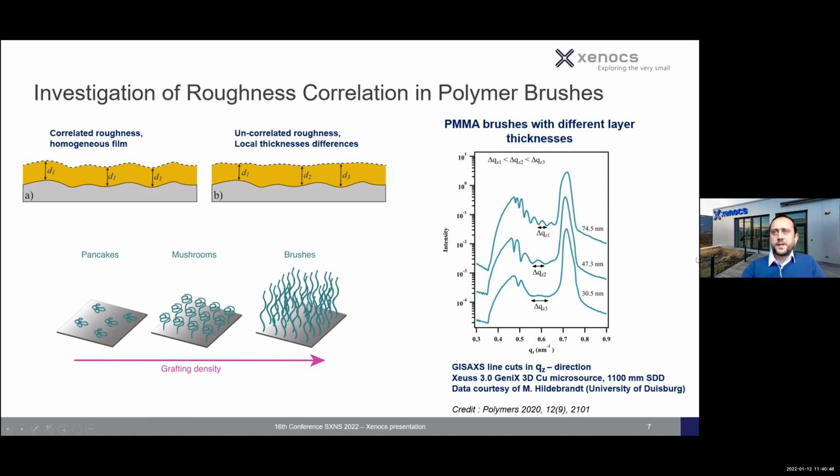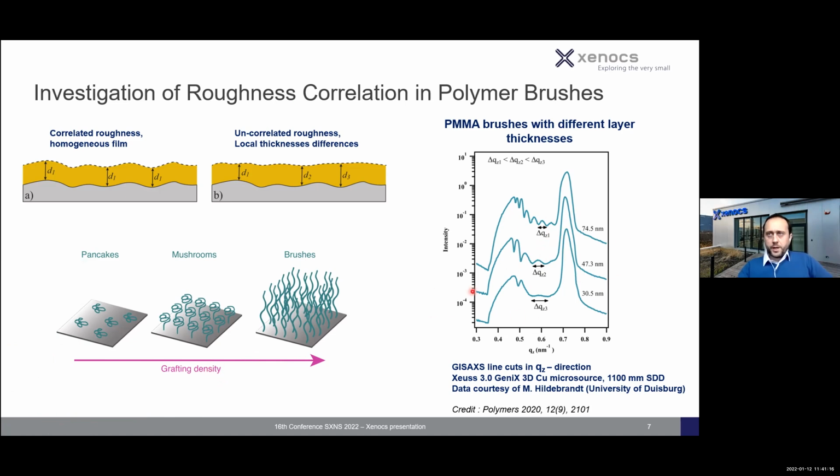GISAXS can be a very efficient tool to tailor and to follow this roughness correlation by following the appearance of these oscillations that you can get in the out-of-plane scattering line cuts, located between the Yoneda peak and the specular beam peak.